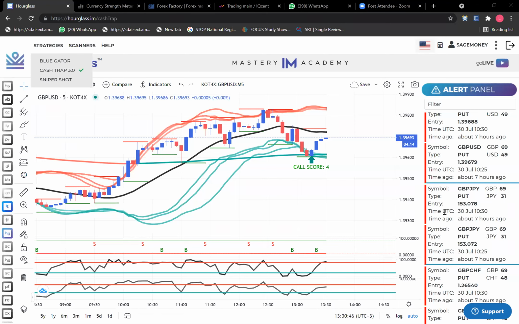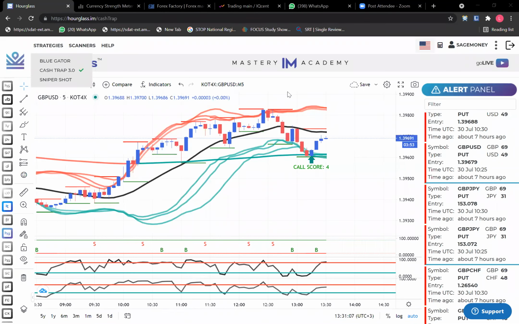In the same way, it is not every time that price hits your resistance that it's going to come down. Sometimes price can break that resistance, and what you have to do is look for the next resistance. In the same way, it can also break your support, and you look for the next support, and they will all be given to you.